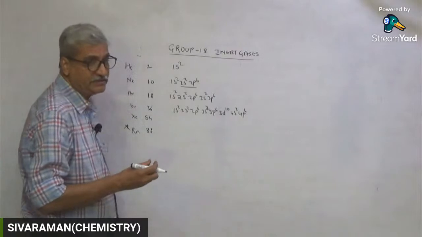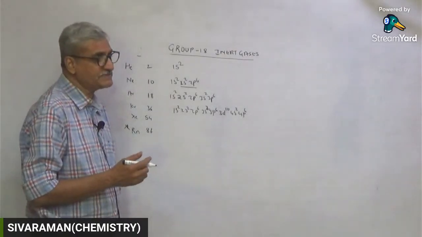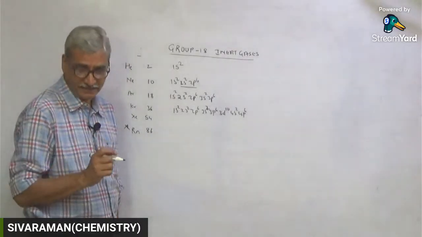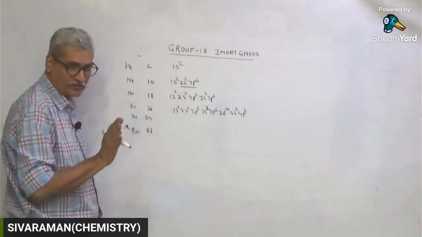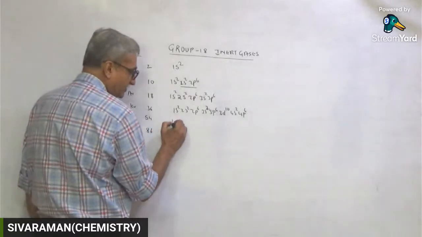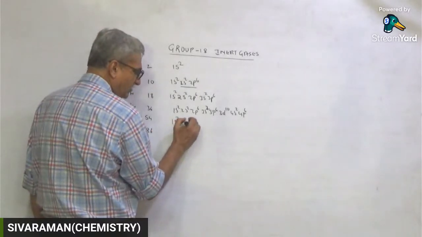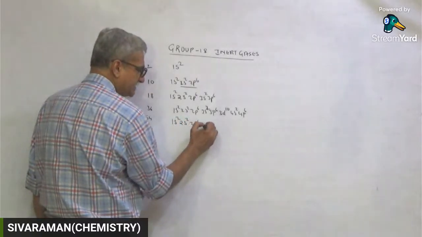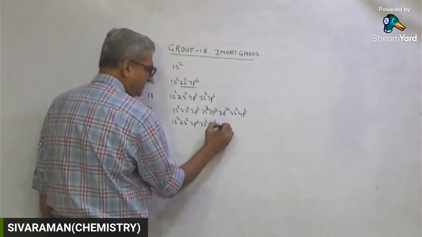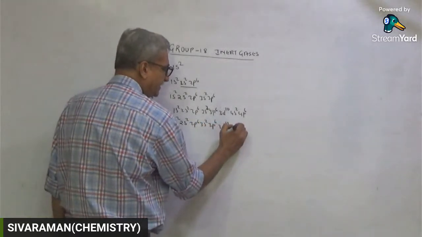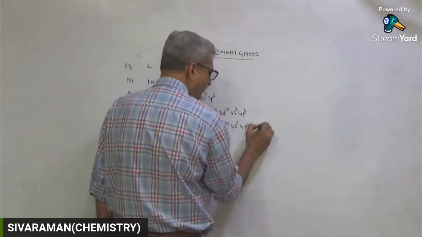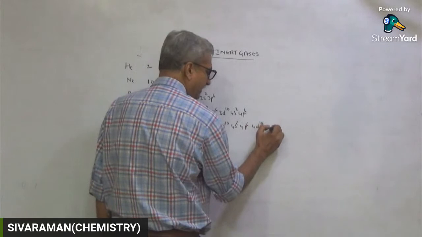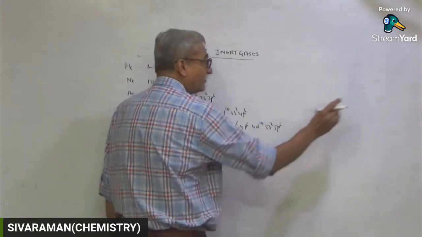Then 57 to 71 will be lanthanides. Therefore, f is getting filled. This is 54, so it will not get filled. So for xenon we have 1s2, 2s2, 2p6, 3s2, 3p6, 3d10, 4s2, 4p6, 4d10 but not 4f14, 5s2, 5p6.